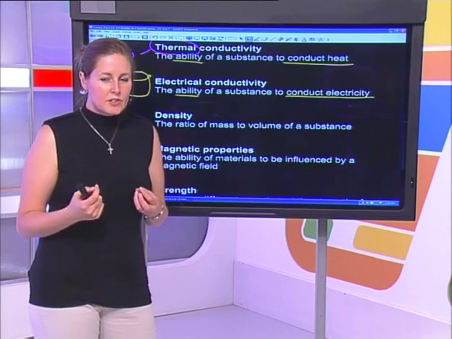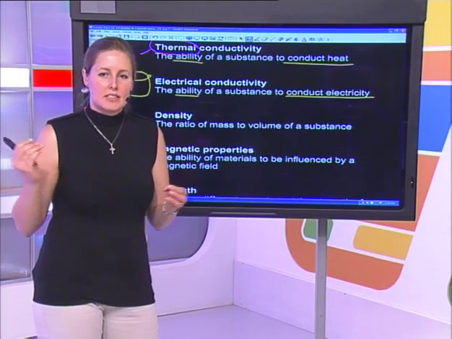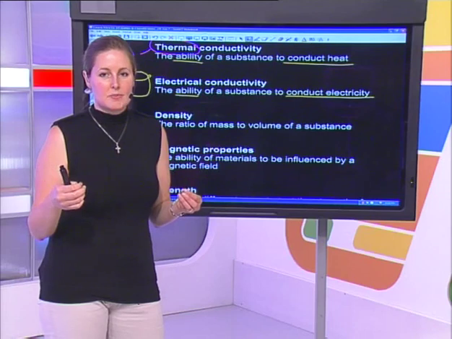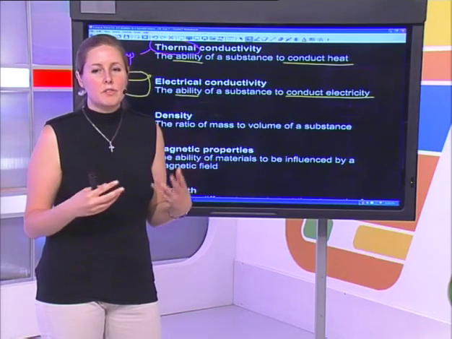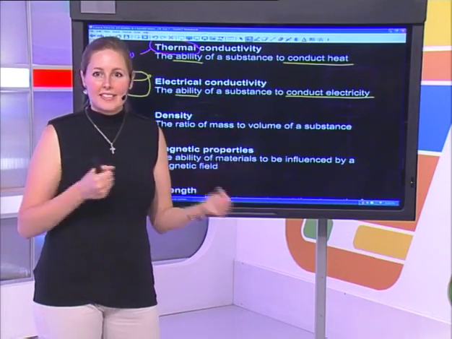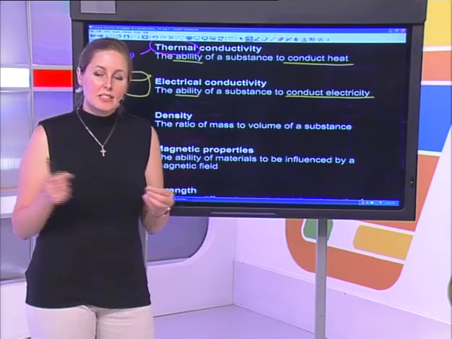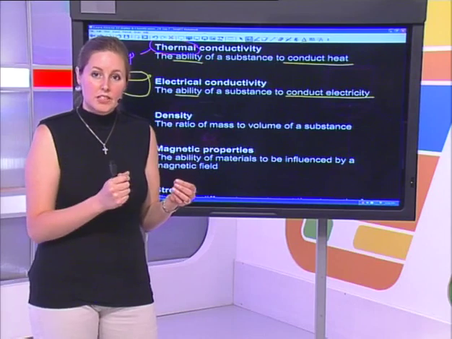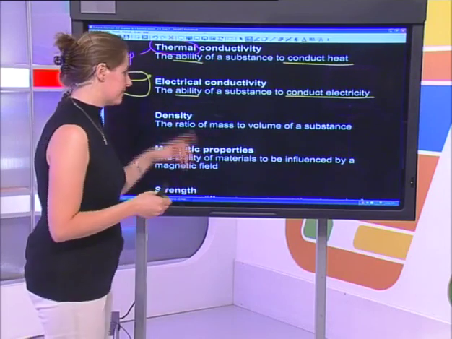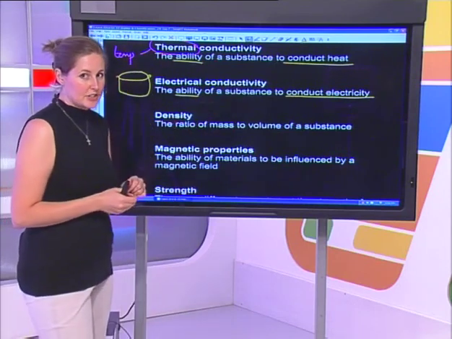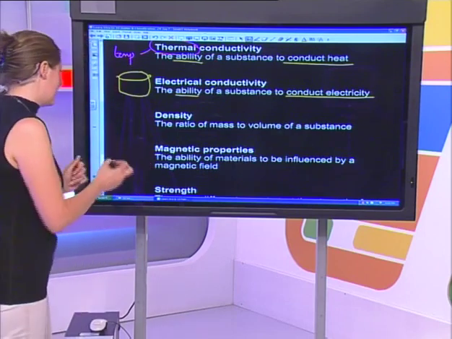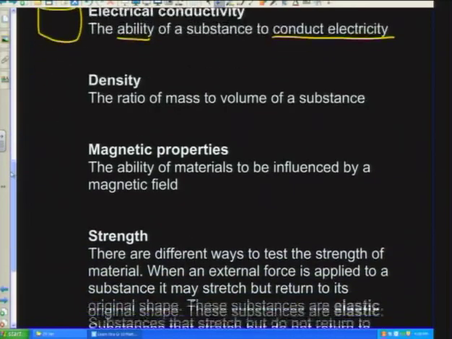Now, for electricity to flow, charged particles need to be able to move through a substance. So either electrons, or if you've got a solution, maybe it's ions that are free to move. So start to think about what substances would allow the flow or the transfer of electrons in order to conduct electricity.